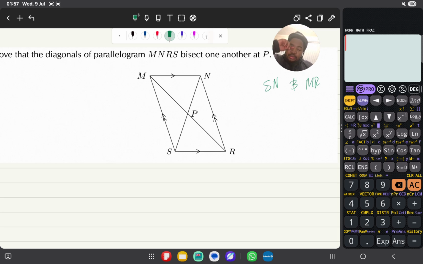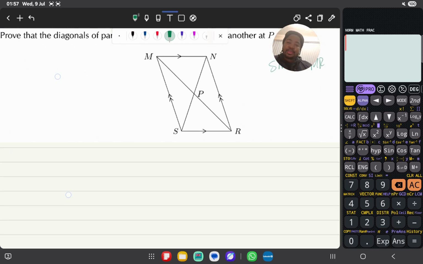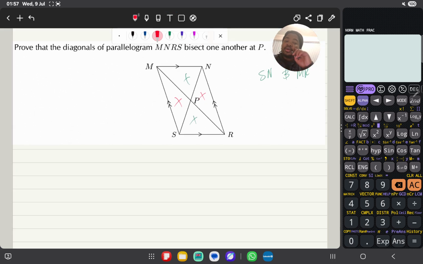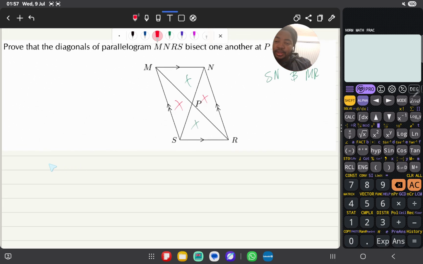Without wasting any time, let's get into it. We're going to use congruency, and we're going to compare this triangle and this triangle, and this triangle and this triangle. Let's get started.